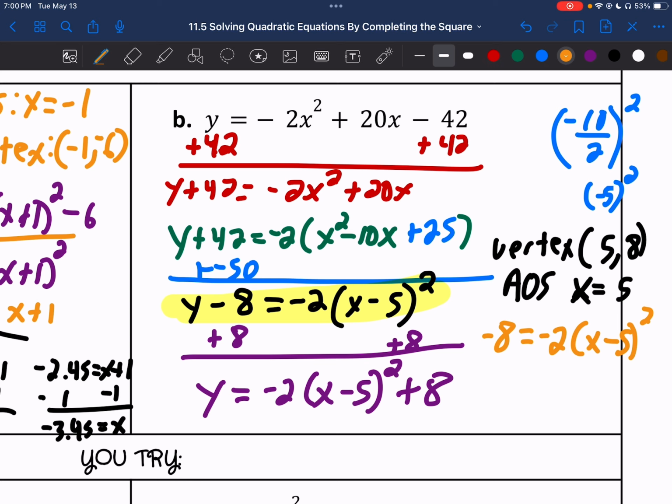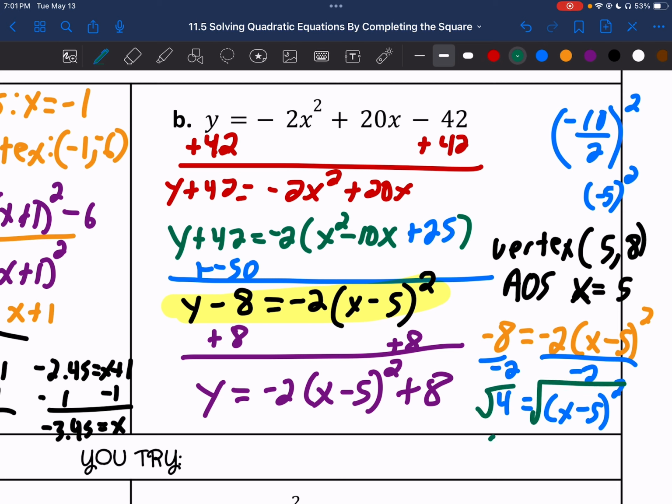Obviously, first step, we have parentheses there. I want to divide by negative 2, right? Because the multiplication happens outside of the squaring, so we need to get rid of that multiplication first. So negative 8 divided by negative 2 is 4, and that's equal to x minus 5, the quantity squared.